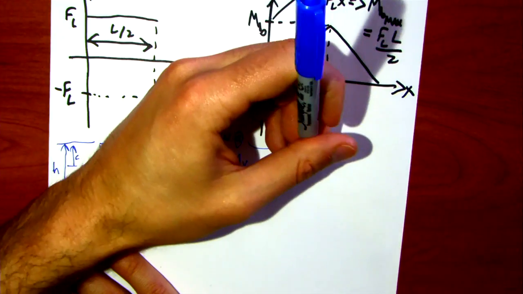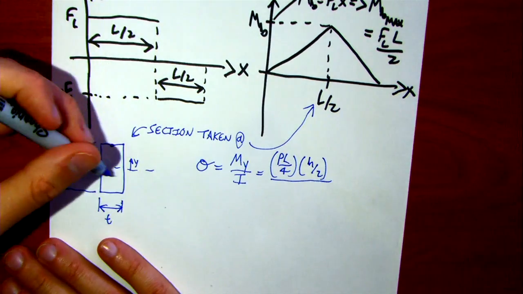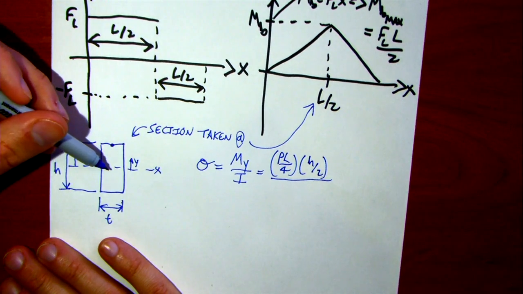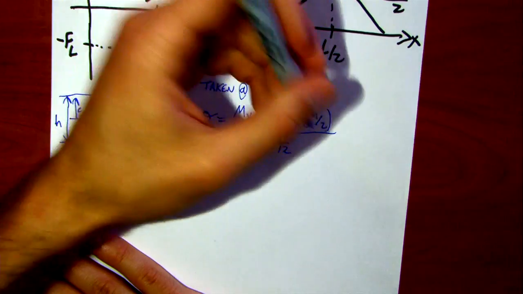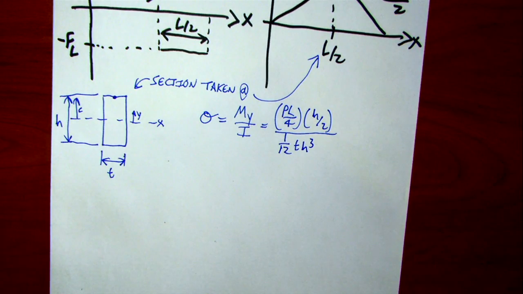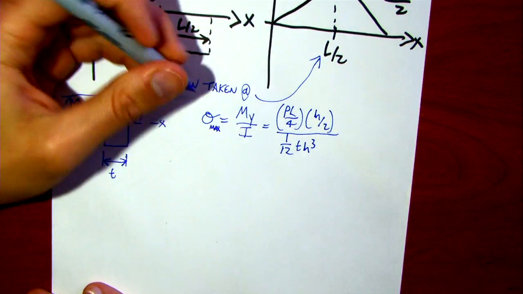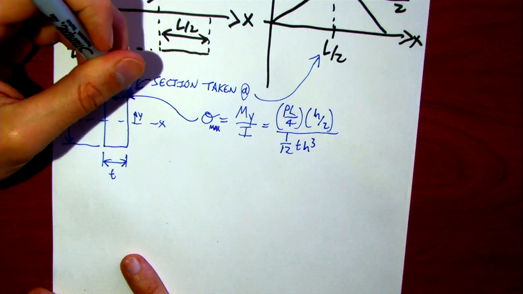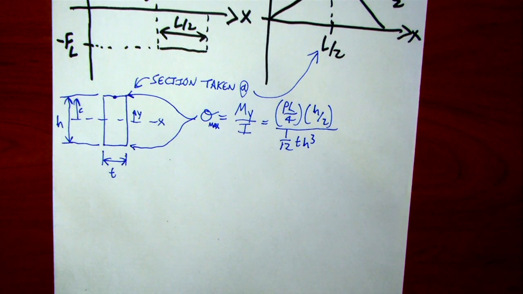Y is H/2. And I, because I'm bending around this axis here, would be 1/12 TH cubed. And bam, I have an expression for the normal stress that is maximized there, or if I just put a negative sign in front of it there.